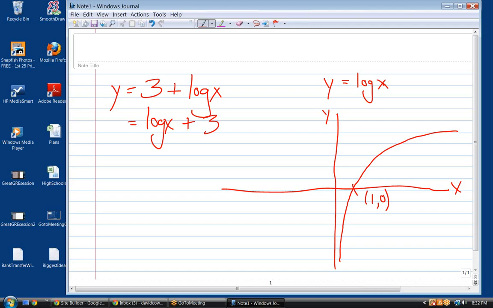The other thing about the log function that's worth mentioning is that it is the exact inverse of the exponential function. And by that I mean it is a pure reflection about the line y equals x. That's what inverse functions are.